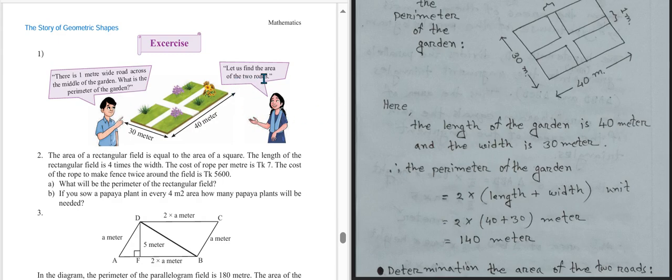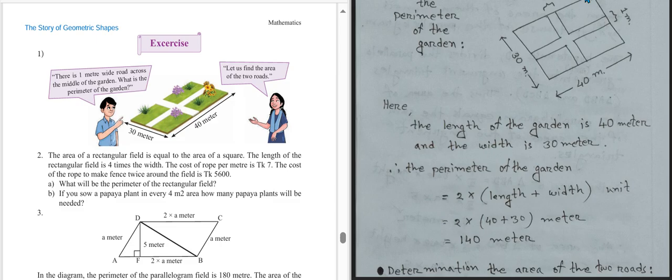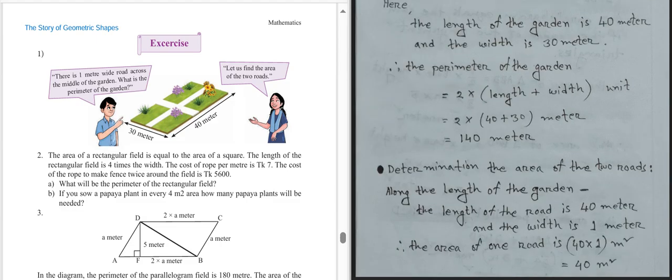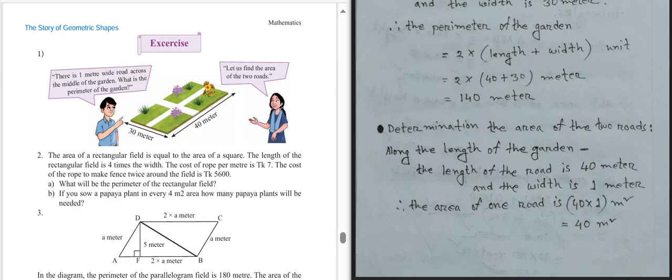Okay, the second question is determination of the area of the two roads. We see in the picture along the length of the garden, the length of the road is 40 meter and the width is 1 meter.